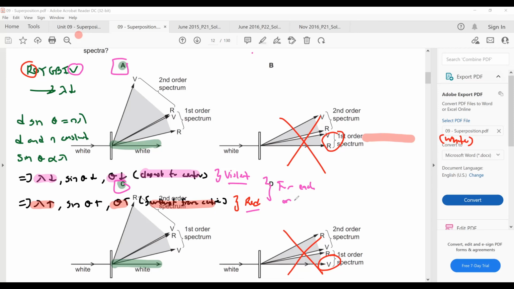So the answer is going to be C. You see, for the first order, violet is closest to center, red is furthest. And then for the second order, violet is again closest to center, red is furthest. So the answer is C.